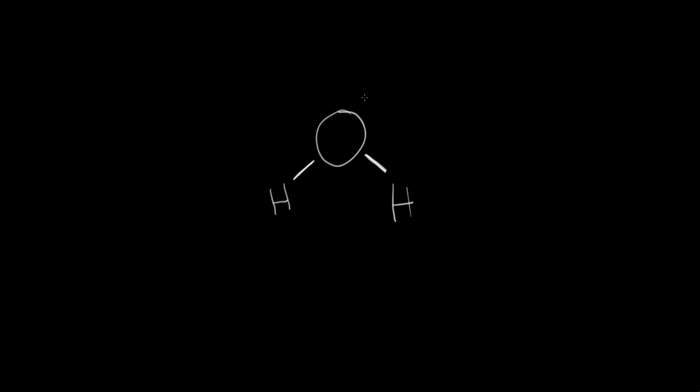Because of that, oxygen took on a partial negative charge and hydrogens took on a partial positive charge, right? And this all goes back to the sharing of electrons between hydrogen and oxygen not being equal. Why? Electronegativity.